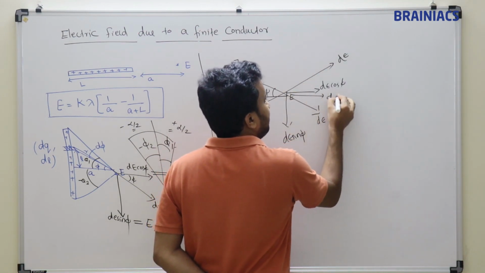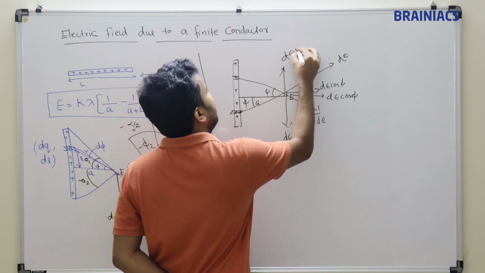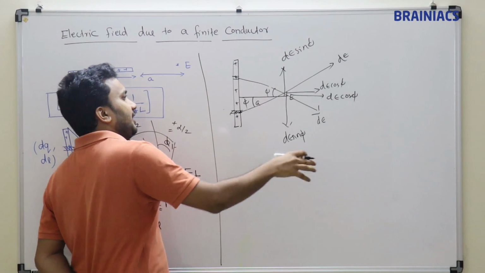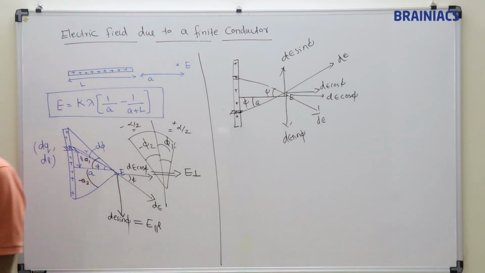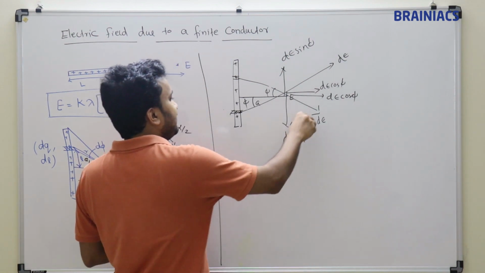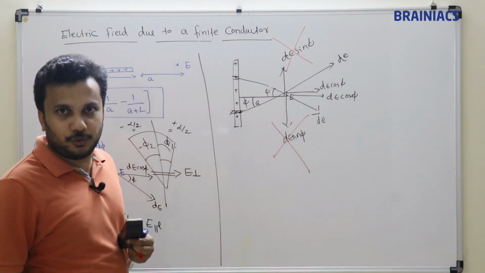Here also you will come up with dE cos phi and dE sin phi. So the dE sin phi components are opposite and equal, so dE sin phi will cancel each other. You may ask like this. So dE cos phi will get added up, and dE sin phi will cancel each other.